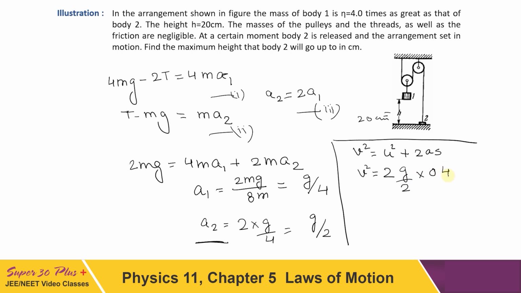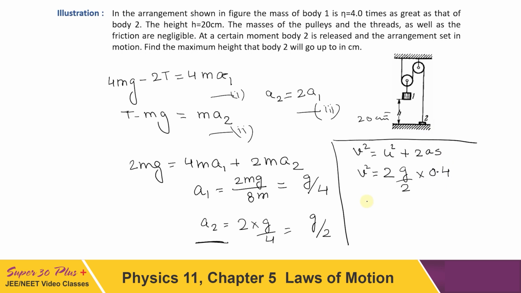Now from the constraint relation itself we can also say that body 2 will be at height 0.4 meter, which is 40 centimeter from floor A. So this I have taken as 0.4, which is the displacement for body 2.